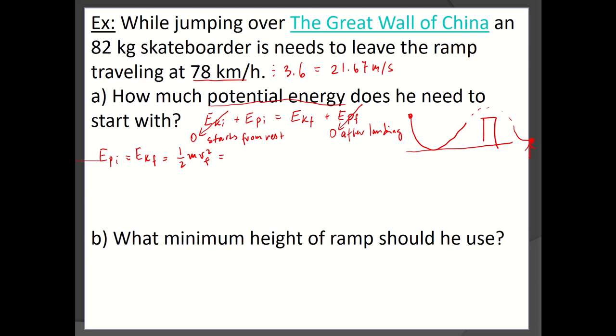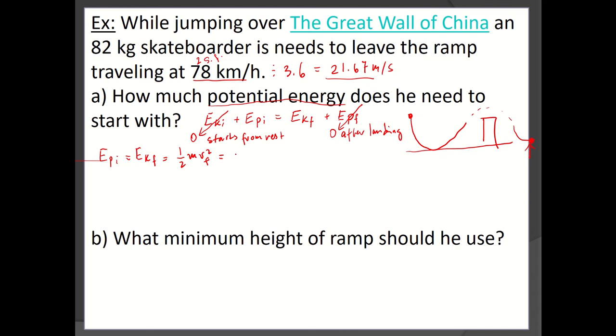We know that the final velocity when he leaves the ramp is going to be 78 kilometers an hour, or 21.67 meters per second. By the way, this is 2 sig figs here. So even though you want to use this whole number here, you have to keep in mind that this should be only 2 sig figs.